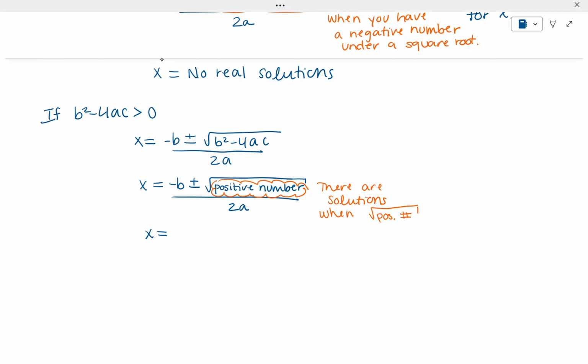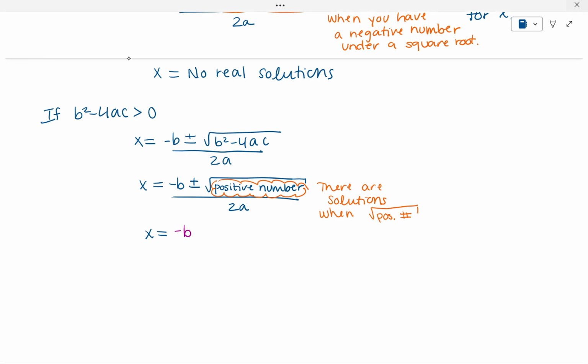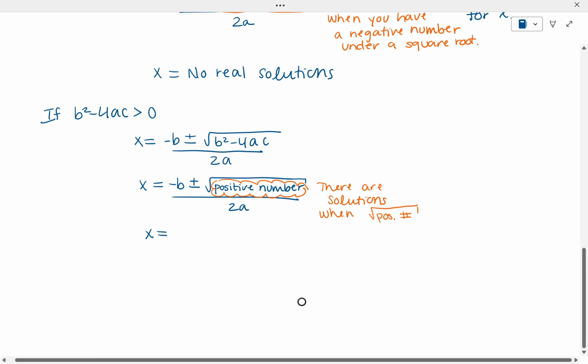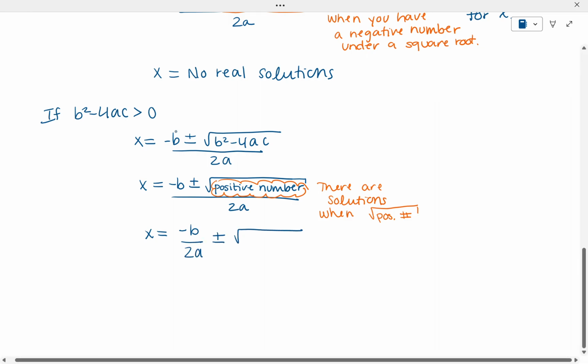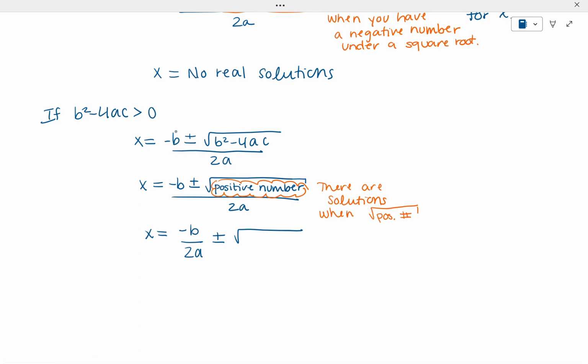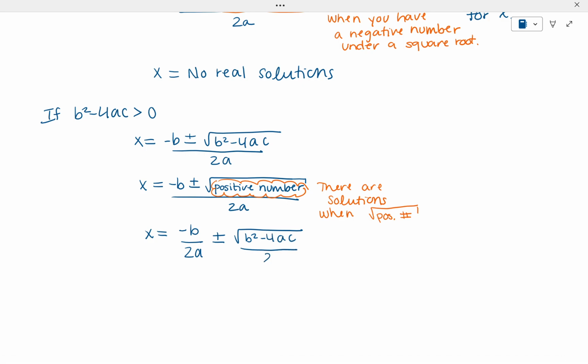So this means that the solutions end up being negative b over 2a plus or minus the square root of the discriminant, b squared minus 4ac, over 2a.